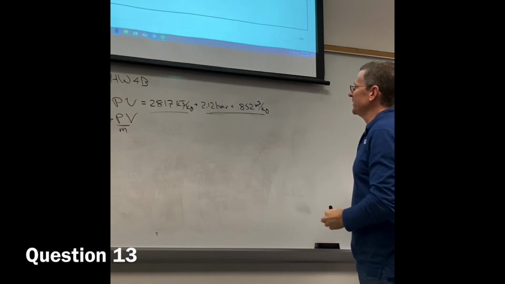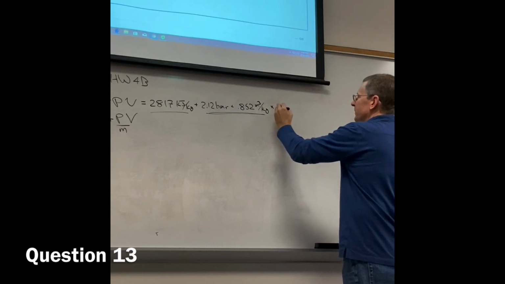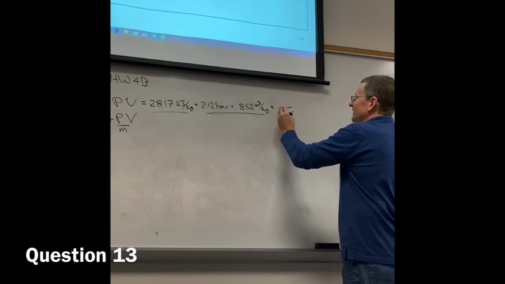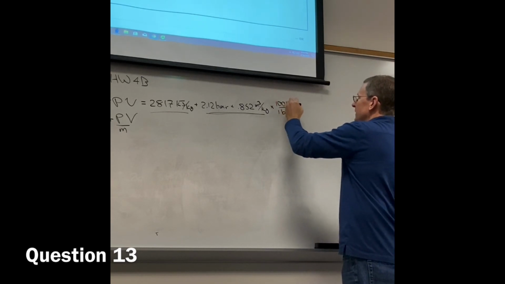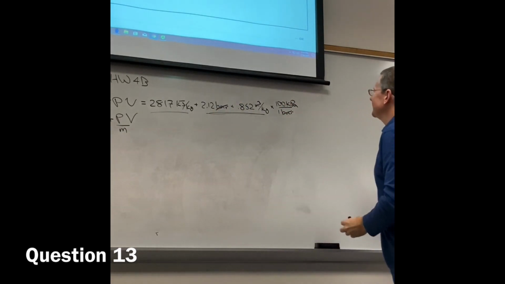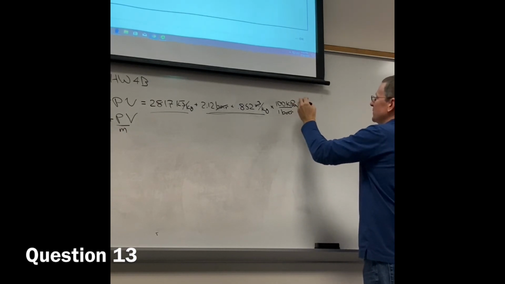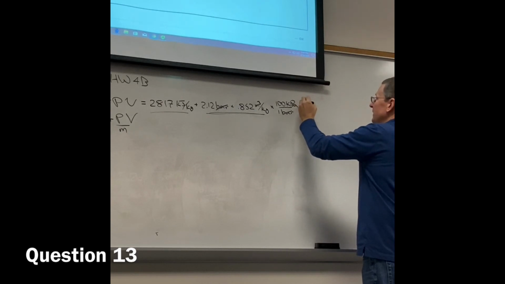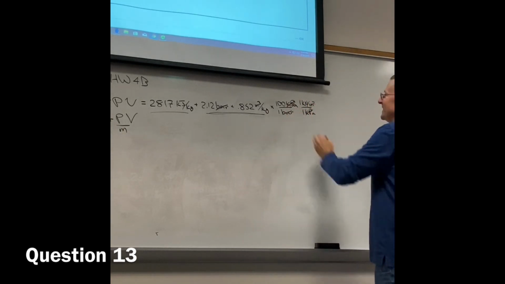convert to consistent units. So 1 bar is equivalent to 100 kilopascal. And 1 kilopascal is equivalent to 1 kilonewton per meter squared. So the kilopascal will cancel.